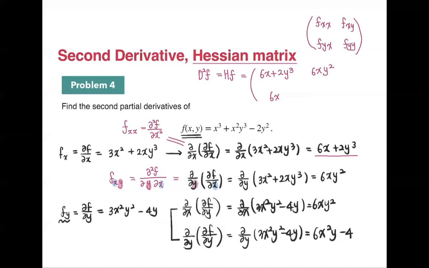So we need to make sure that this is the same as this one. So here must be 6xy squared. Okay, and this one is 6x squared y minus 4. So for this function f, the Hessian matrix is given like this. Okay, cool.